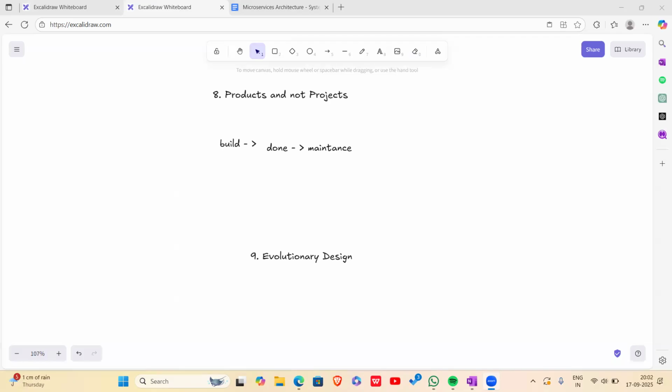If we follow these, microservices can be a powerful enabler of scale and agility. If you ignore them, they can become a liability.